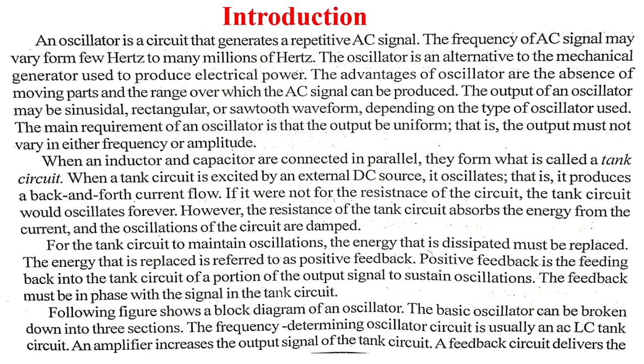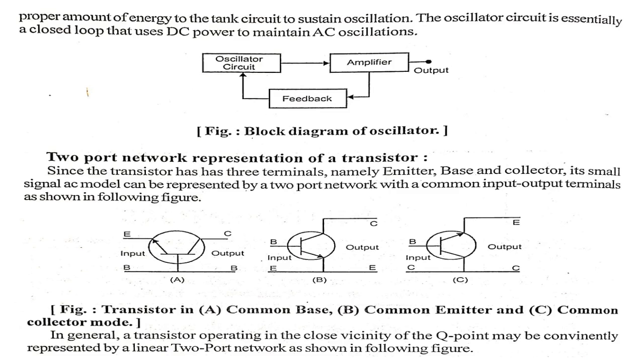Now, the figure shows a block diagram of an oscillator. See in the figure, the basic oscillator can be broken down into three sections. The frequency determining oscillator circuit is usually an LC circuit.